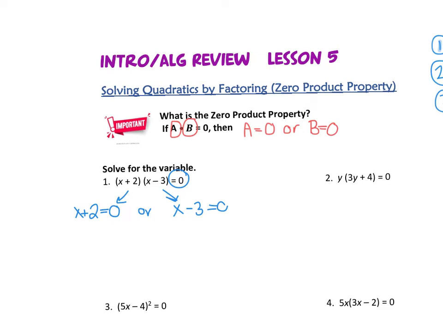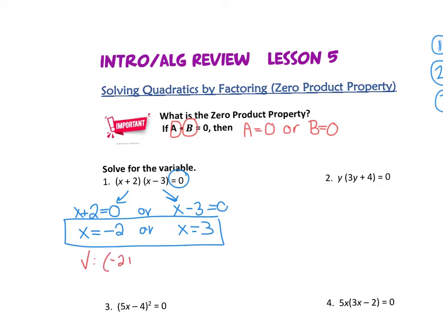Okay, so then the last step is to solve. So here, if we subtract 2 from both sides, x is going to equal -2, or x is equal to 3. Those are the two possible solutions that x can be. I could plug in to check my answer, especially if I have extra time. -2 plus 2 times -2 minus 3.